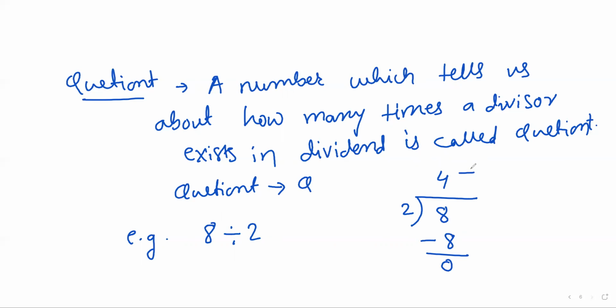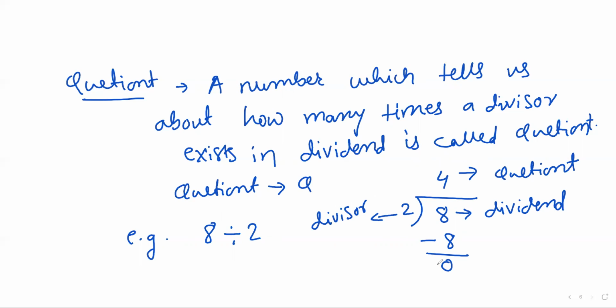So here this 4 is called quotient, this 2 is called divisor, this 8 is dividend. And here, this number is exactly divisible, so nothing is left. This final number is called remainder.